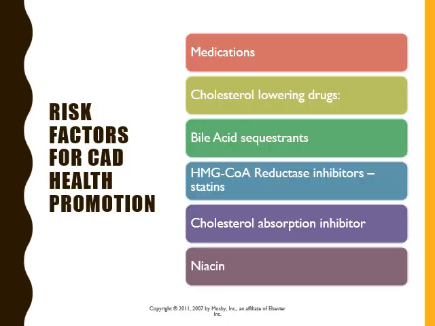Some other things that you want to look at, these are some medications, cholesterol lowering drugs, so your statins, bile sequestrants, that would be Questran, Welchol. These bind bile acid in the GI tract, and so there's less absorption. You want to look at HMG-CoA reductase inhibitors.